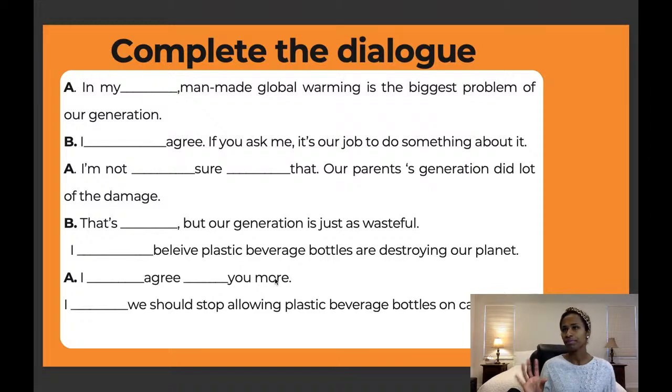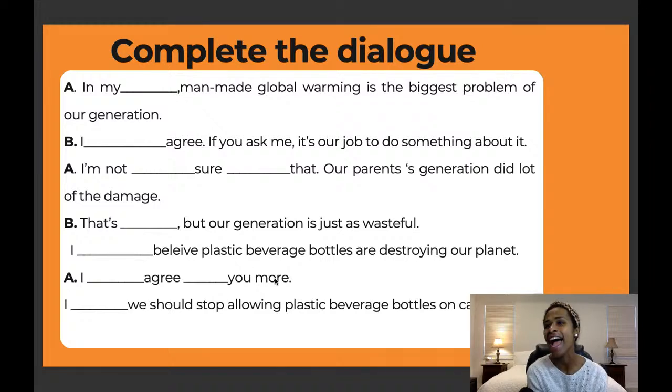This is like a dialogue at school. And write in the comments, how do we write "believe"? What is the correct way to write "believe"? Believe. When you believe. Very good.